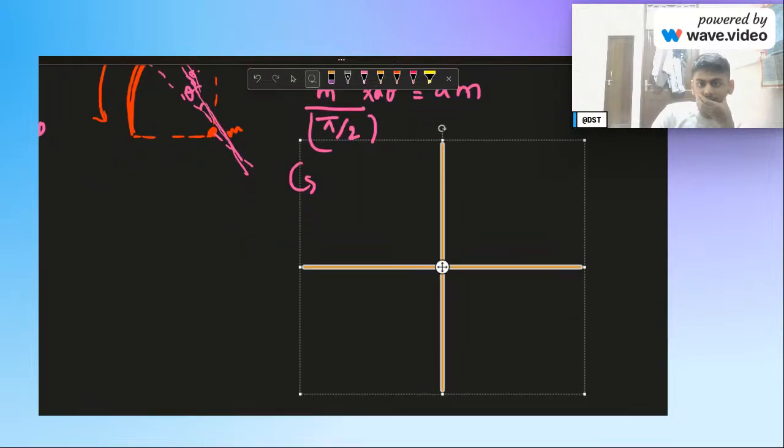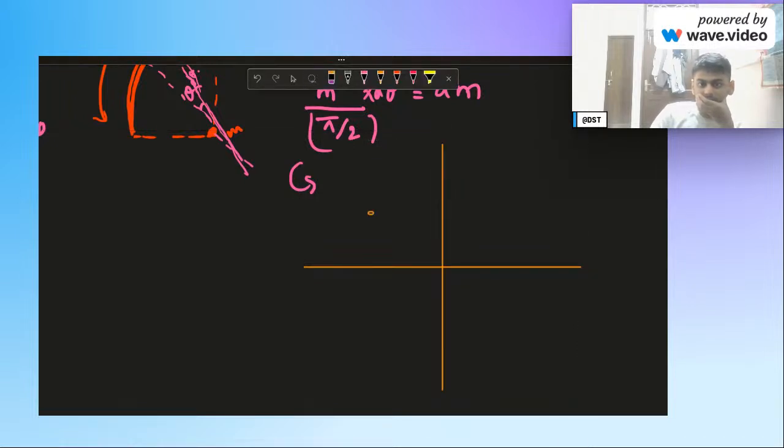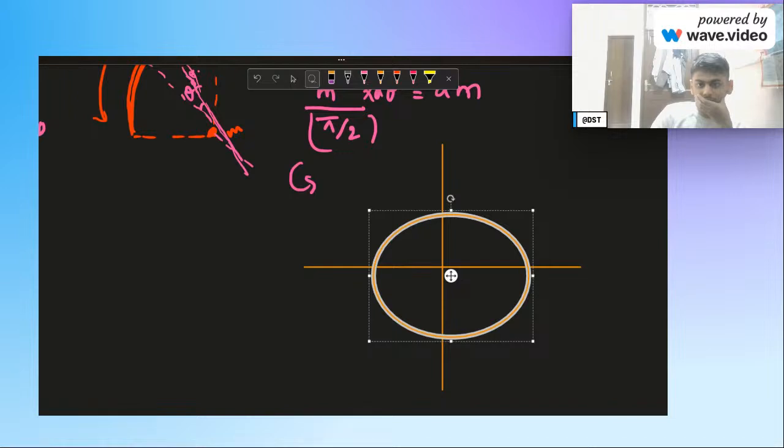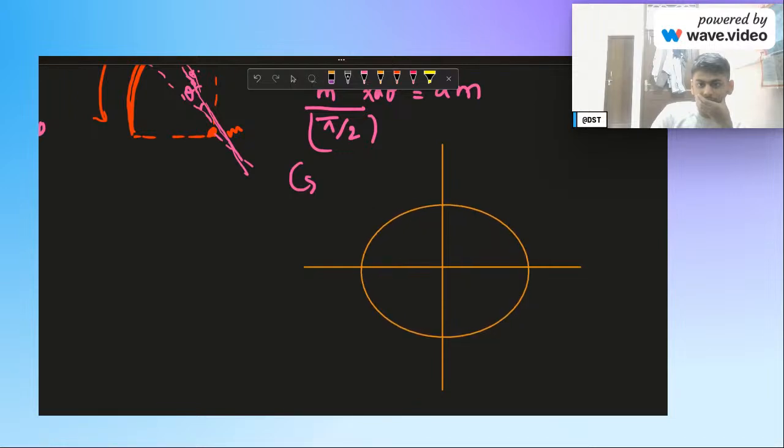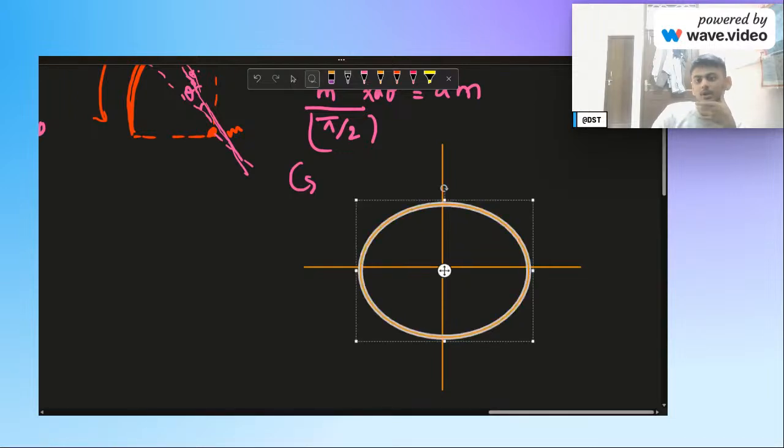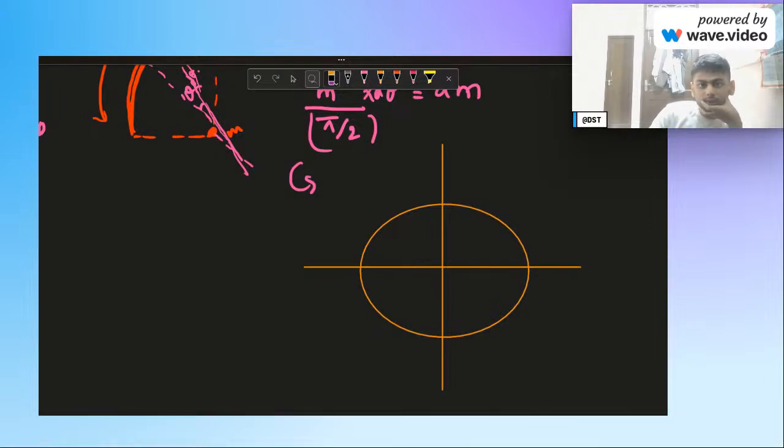Now this is the shape. Now just erasing this part, this is irrelevant.